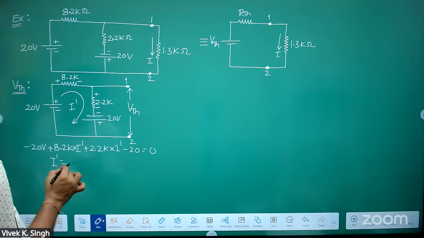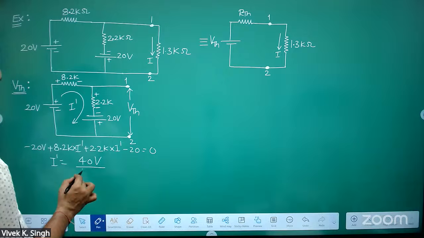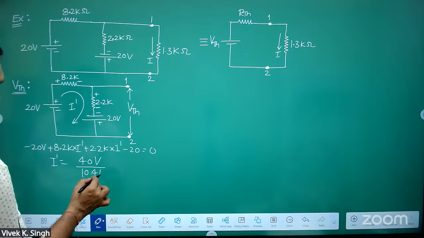You will get I dash in milliampere because I am taking the resistances in kilo ohm. So I dash is given by 40 volt divided by 10.4 kilo ohm.